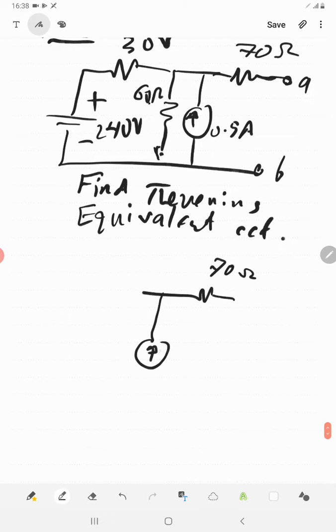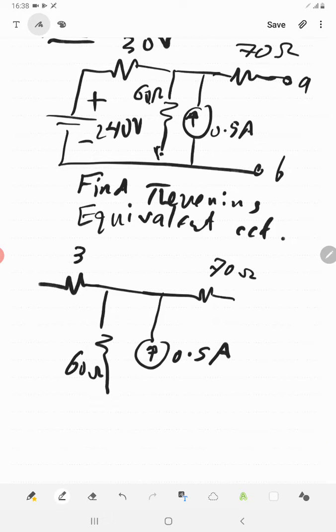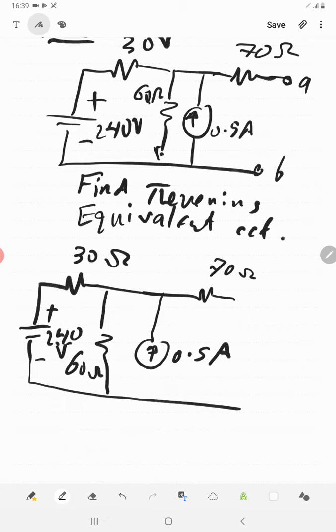What we have is 0.5 amps here, 60 ohms here, 30 ohms here, plus minus 240 volt here. And we have plus minus 3 ohms.